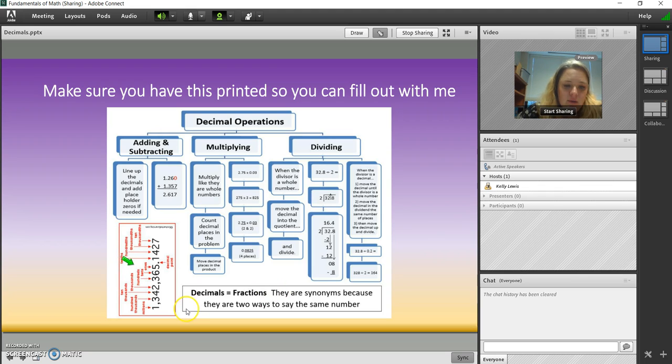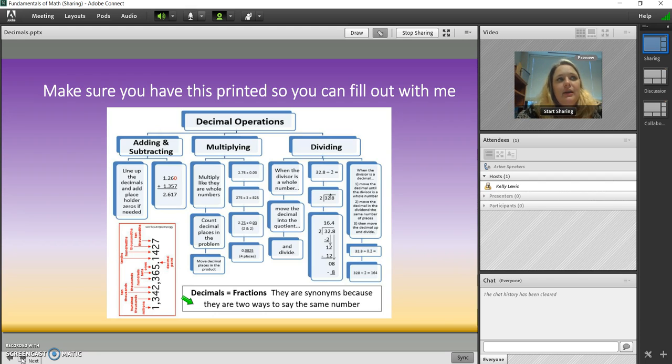place values. And it's really important that you understand that decimals, fractions, and percents are the same numbers. It's just three different ways to express the same number. So like 1/4 is the same as 0.25, 0.5 is the same as 1/2. And different types of numbers lend themselves to different things.